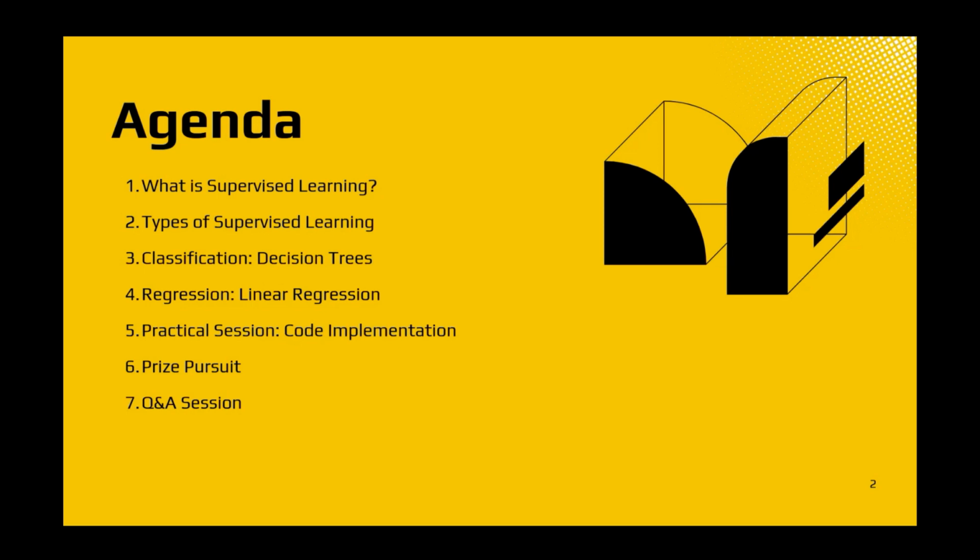Today's agenda is, first, we'll discuss what supervised learning is and what the types of supervised learning are. Then we'll discuss one type of supervised learning using a popular algorithm, and again for the other type, another popular algorithm. Then there's a small practical session, and I think we'll have an exciting announcement near the end. So let's get started with this session.